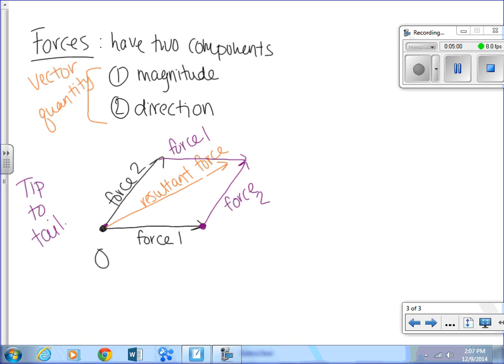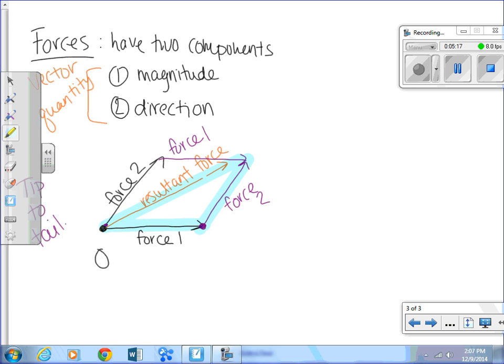They both have the same length and they're both parallel. Here I have a parallelogram, and really what I want to find is the diagonal of my parallelogram. This diagonal, the resultant force, breaks my parallelogram into a triangle. We just learned all these awesome trig formulas for triangles.